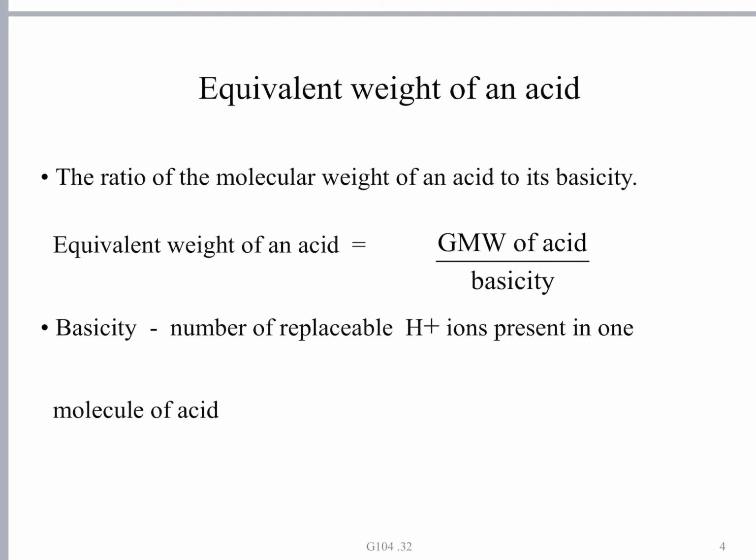If you react sulfuric acid with NaOH, H2SO4 plus 2 NaOH gives Na2SO4 plus 2H2O.